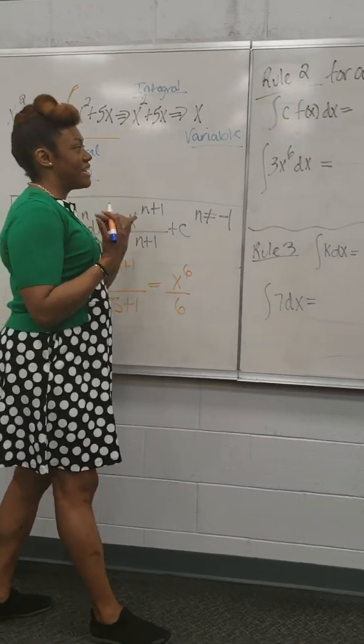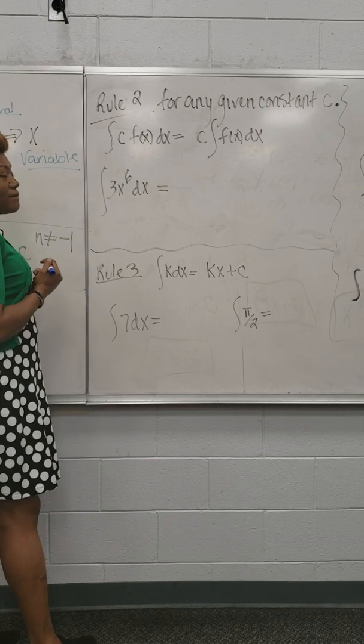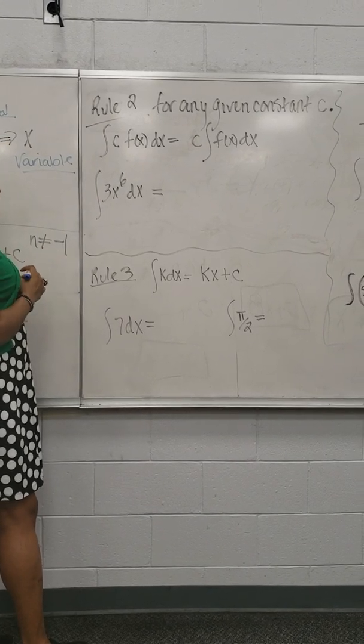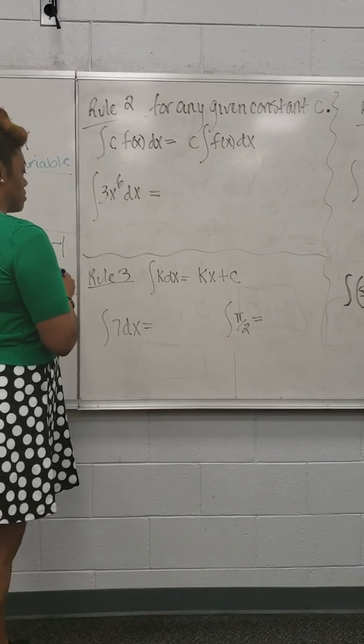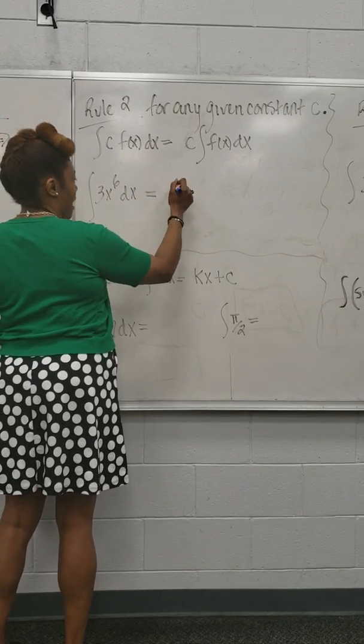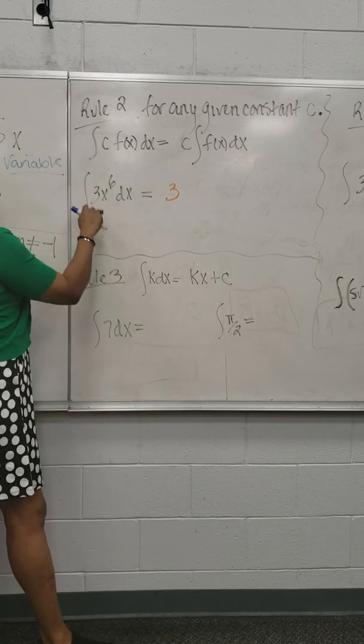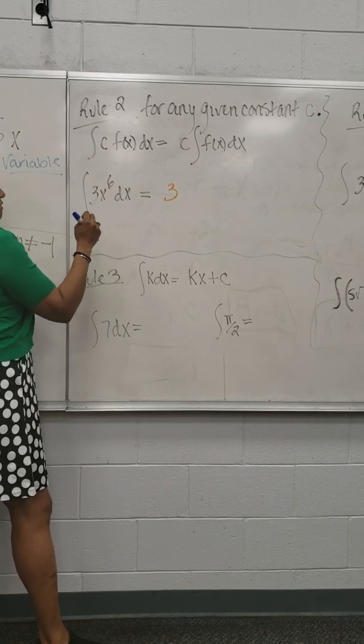If we are given any constant c, it is pretty much the same type of thing that we were doing before. Let's say we take the integration of 3x to the 6 dx.